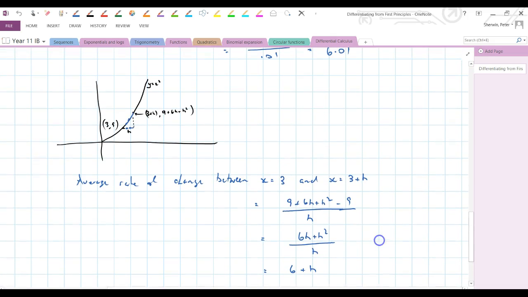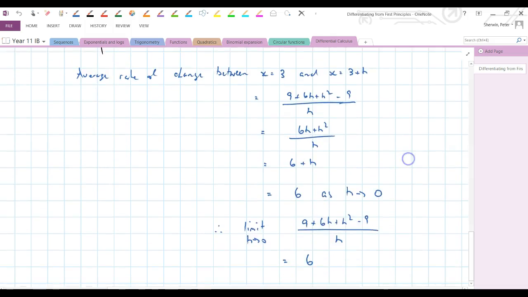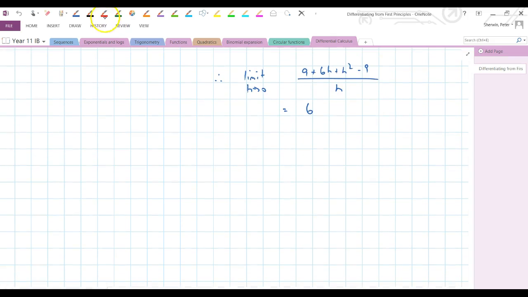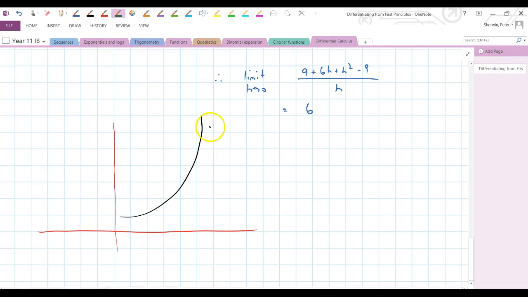Okay, so that's where we're up to. At this stage, we're getting pretty close, but we're still just looking at y equals x squared. That's a specific curve, isn't it? So the last step for us in this differentiation from first principles process is to go, righto, let's look at a general curve, y equals f of x.